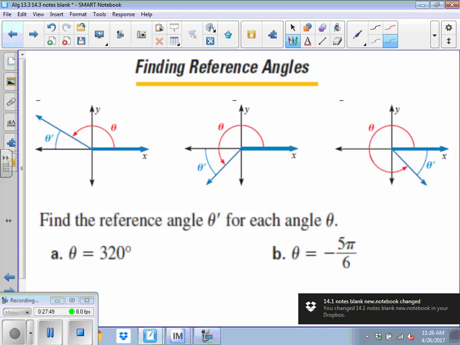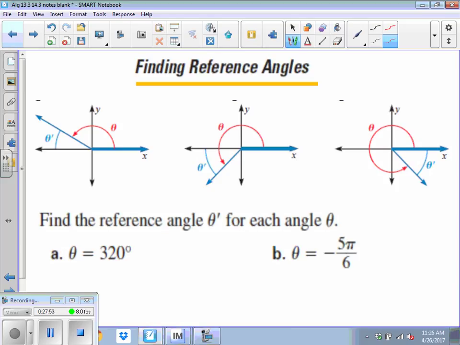So if this whole thing is 120 degrees, what's this? 60 degrees, right? If they want us to find sine, cosine, or tangent of 120 degrees, that is going to be the same thing as sine, cosine, tangent of 60 degrees.